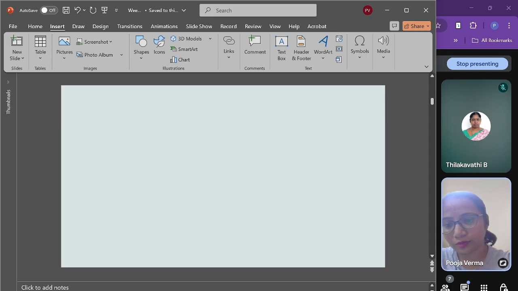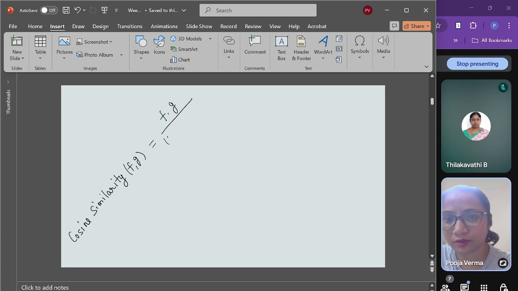So I am calculating it here, cosine similarity of f and g, using the feature vectors that we have.